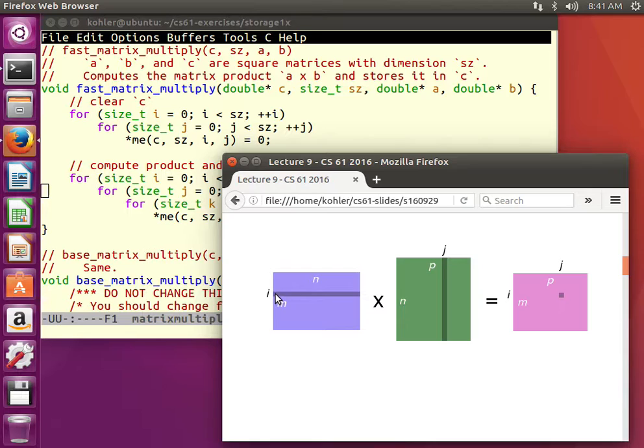So we do those plus A[i][1] times B[1][j] plus A[i][2] times B[2][j]. So you can see that we're just summing up these pairwise products of the scalar elements of the matrix. And we need to do that computation once per cell of the output.